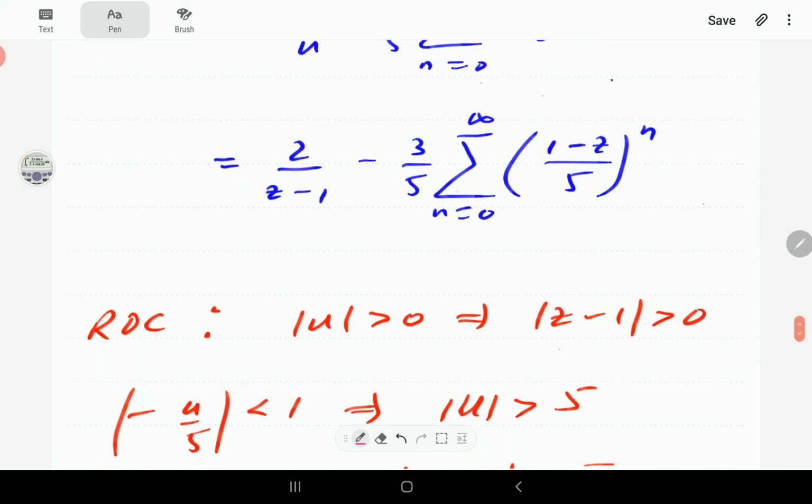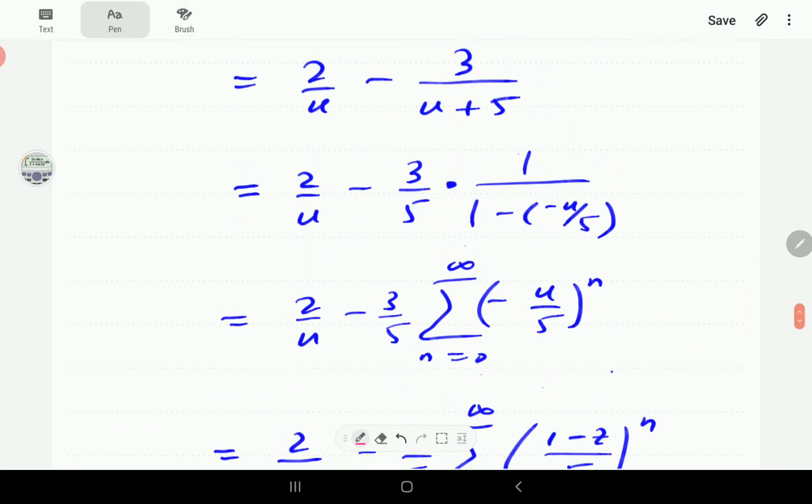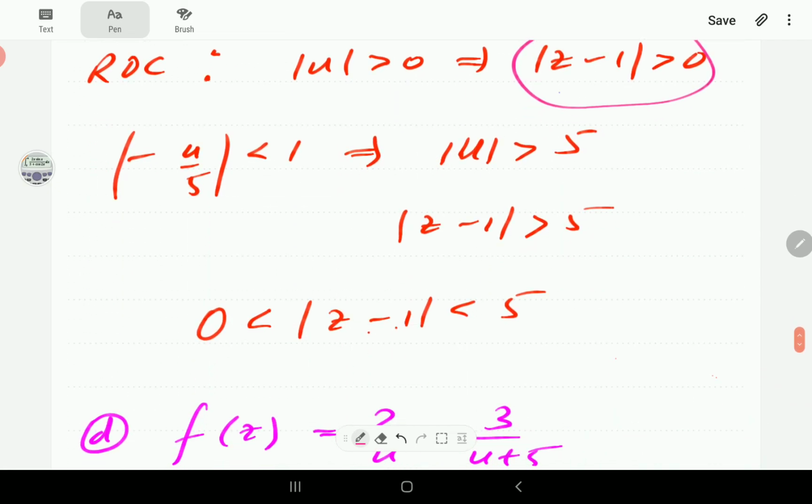Then in terms of the convergence, this one is going to be convergent so long as the magnitude of this is bigger than 1. And then this one is going to be convergent so long as the magnitude of that is less than 1.